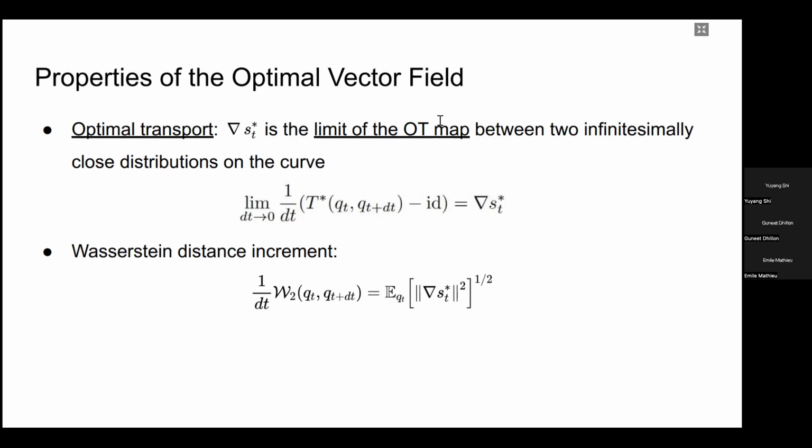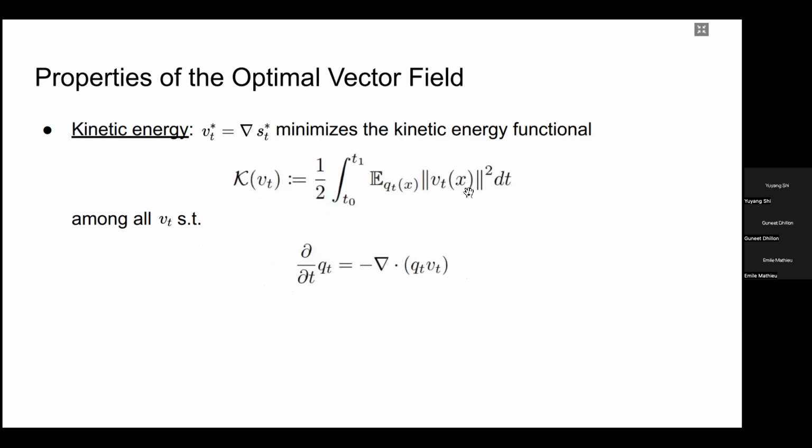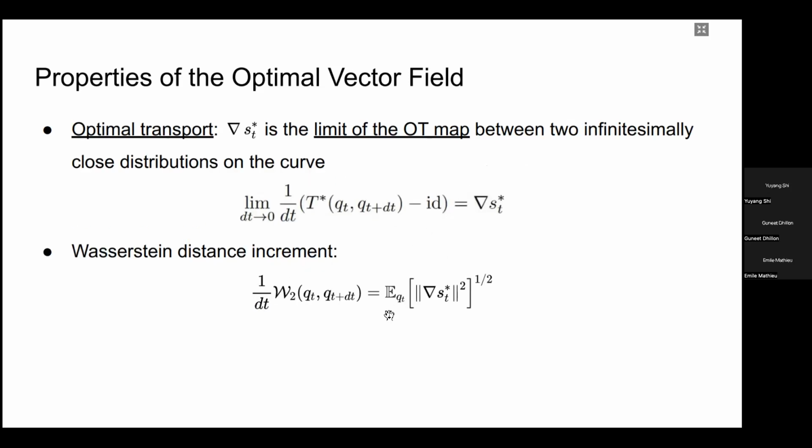It also gives you something to say about the Wasserstein distance itself. If you ask what the increment of the Wasserstein 2 distance between q_t and q_{t+dt} is, it is related to the kinetic energy at time t.